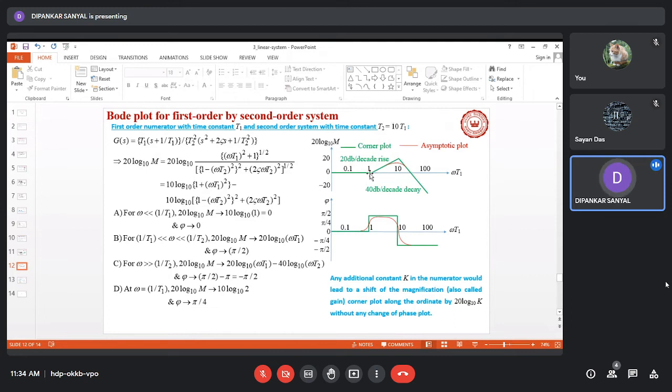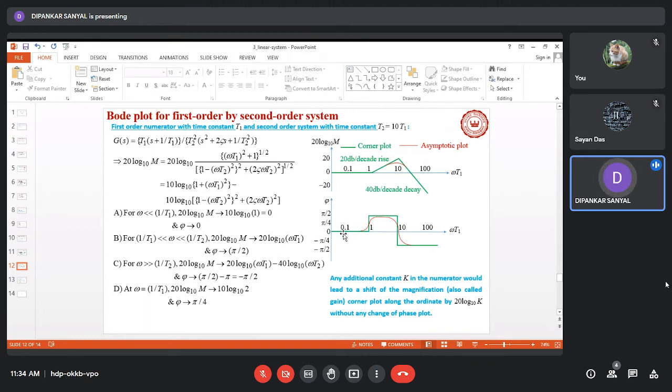It is basically T1 time, it is basically T2 time, as we are plotting against omega T1. So that is how we construct the corner plot, and within the corner plot we fill in the noted asymptotic variation to complete the actual plot.